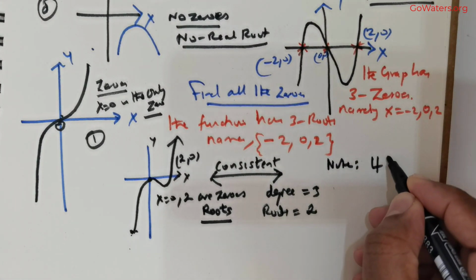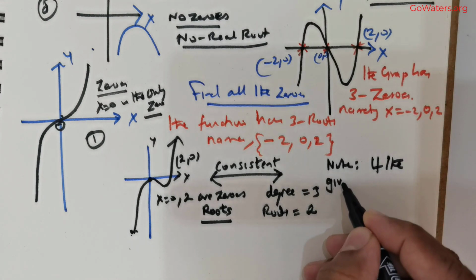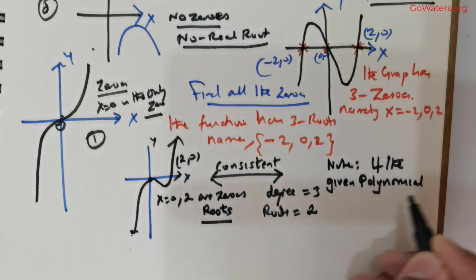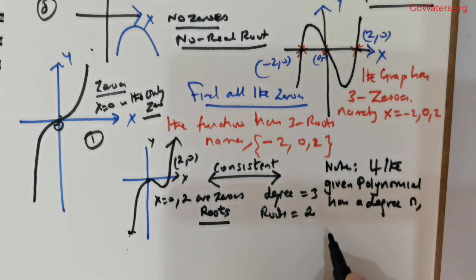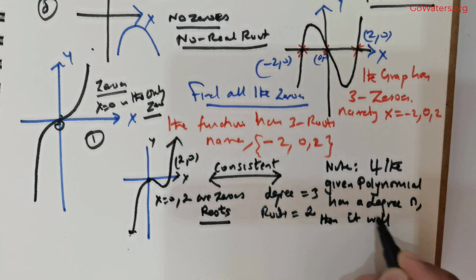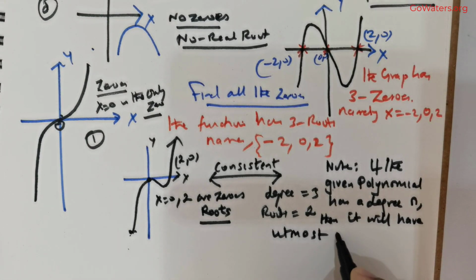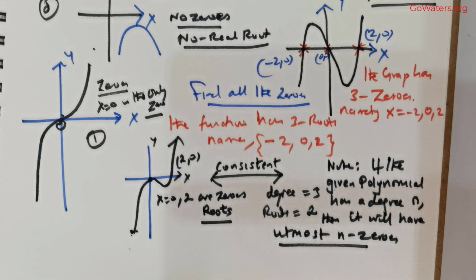If the given polynomial has degree n, then it will have at most n zeros, maximum, that's all. It won't go beyond that.